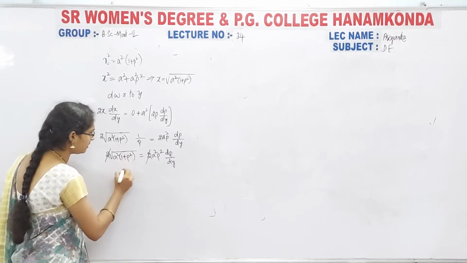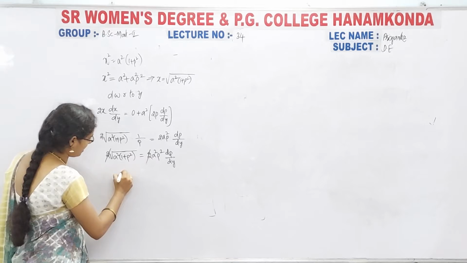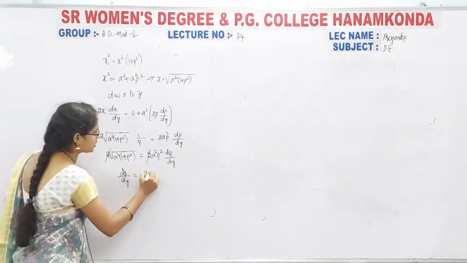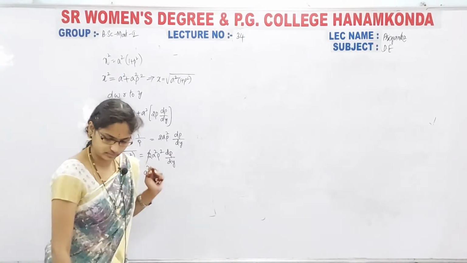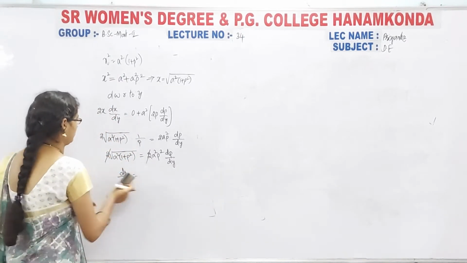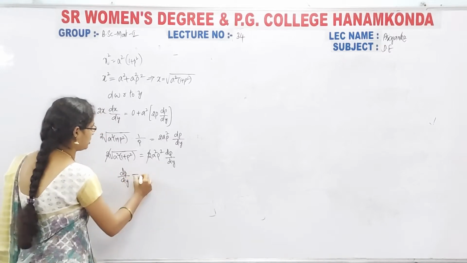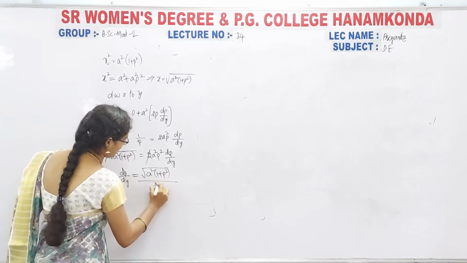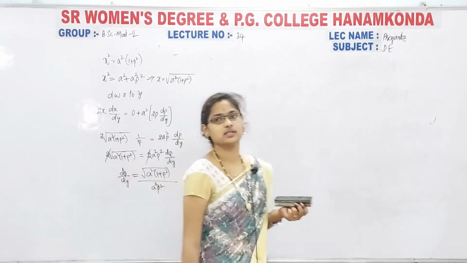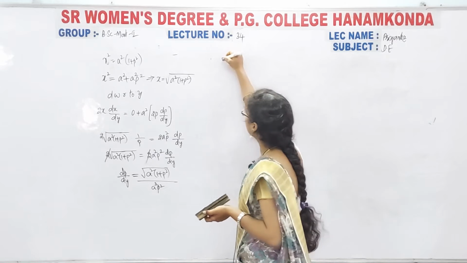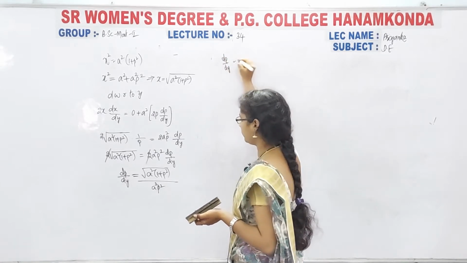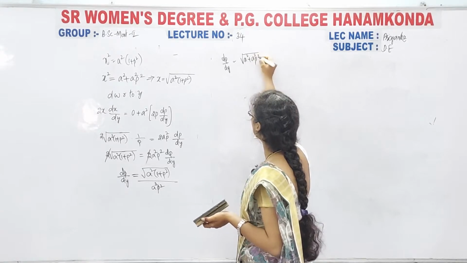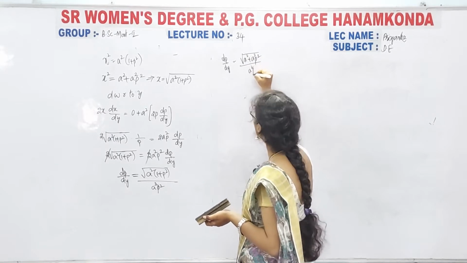Now here I have dp by dy is equal to under root of a square of 1 plus p square by a square p square. So dp by dy equal to under root of a square plus a square into p square by a square p square.